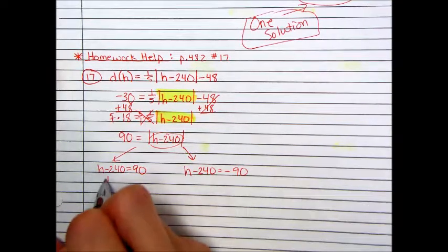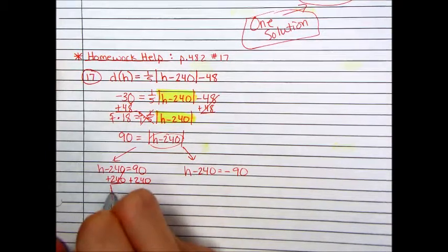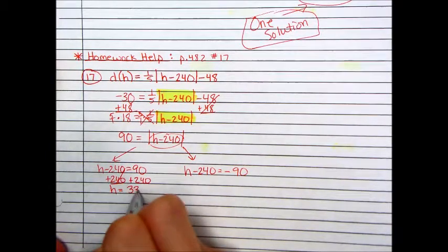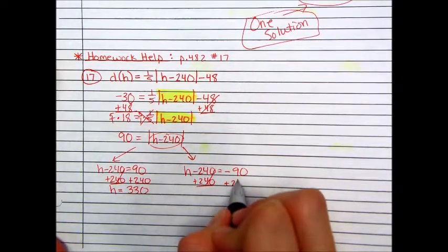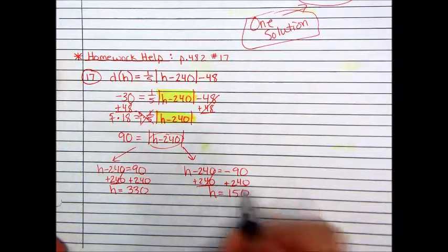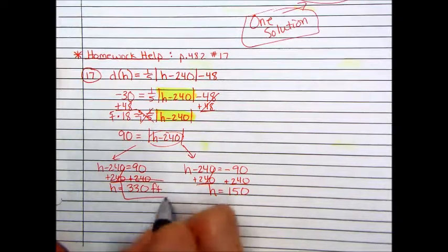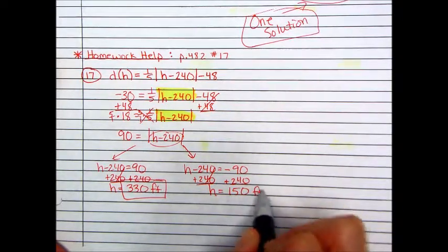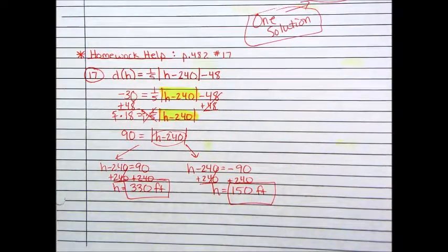If you solve both of those, you're going to get 330 and you're going to get 150. So you need to answer the question. This means if he put buoys at 330 feet and 150 feet, it would keep the ship between it.